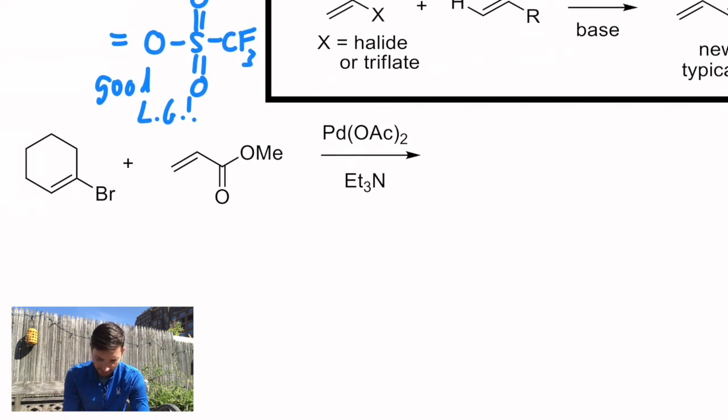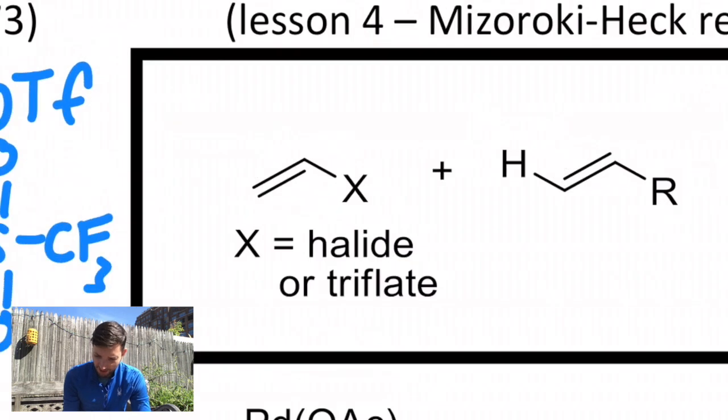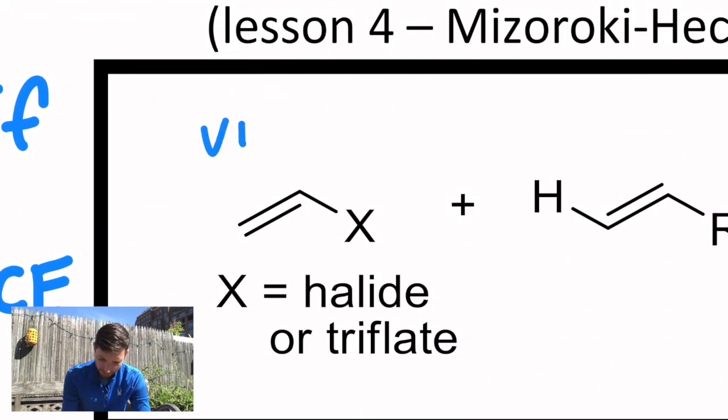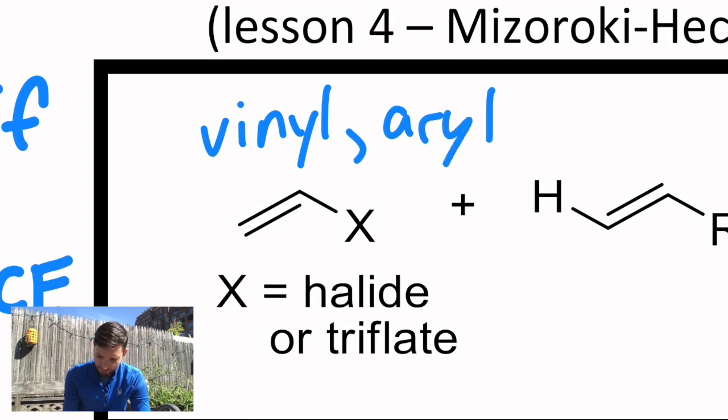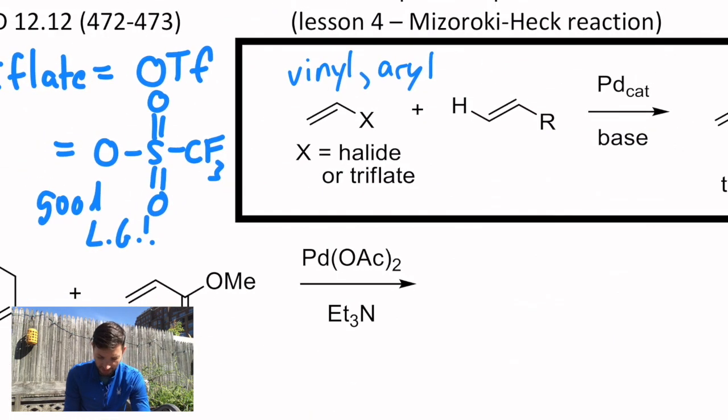So here we have an example. Typically the carbon with the leaving group on it has to be sp2 hybridized, so you'll see things like vinyl and aryl halides, meaning aromatic. And typically, but not always, the alkene is attached to some electron withdrawing group, but we'll see some exceptions to that, so I'm not even going to write that just yet.